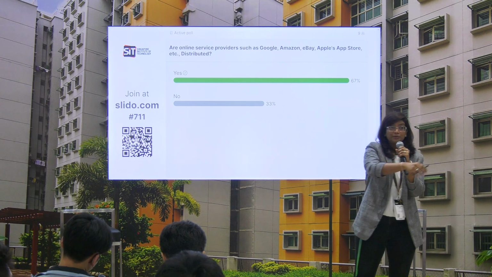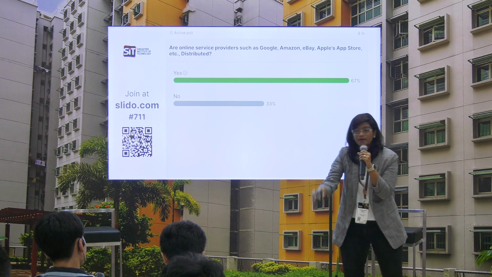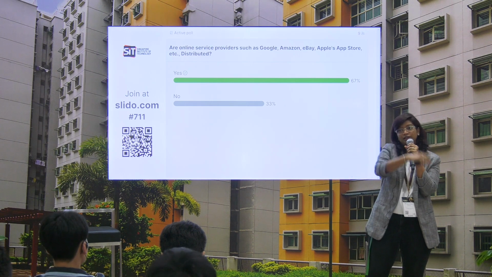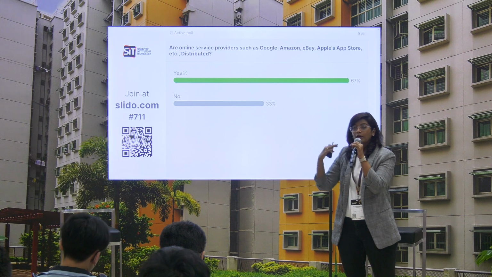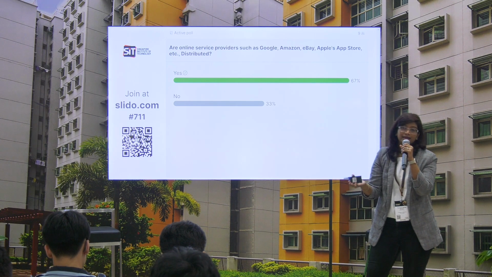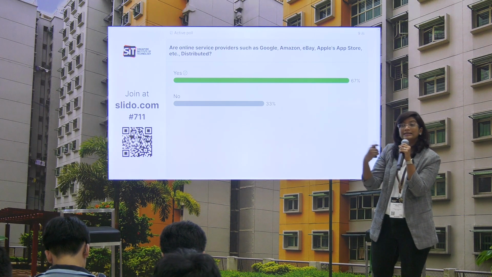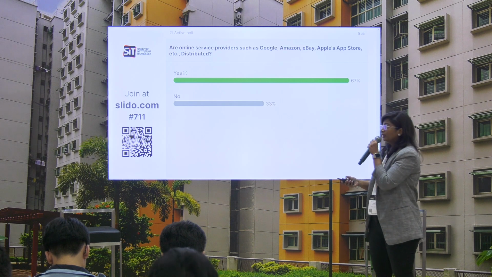Which means it is distributed. You have a server in Singapore, a server in Malaysia, a server in Indonesia, a server in the US, right? So if one of the servers goes down, you can get the data from the backup server. So it is distributed, right?